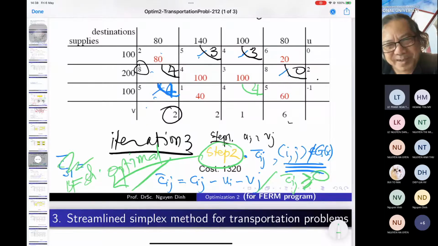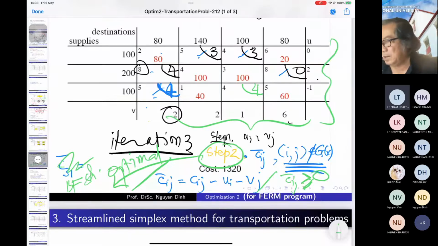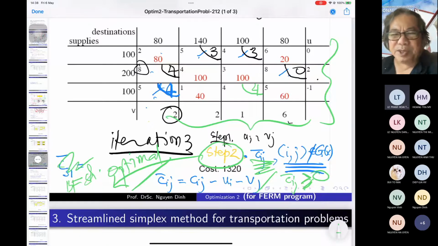So you understand? I think now you can work with any problem, just step 1, step 2. Step 1, find out all the Ui and Vj. Step 2, find out C bar ij. There are two cases. If all C bar ij are positive or equal to 0, then the BF solution is optimal and we stop.